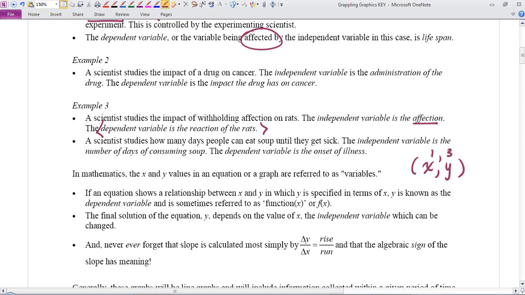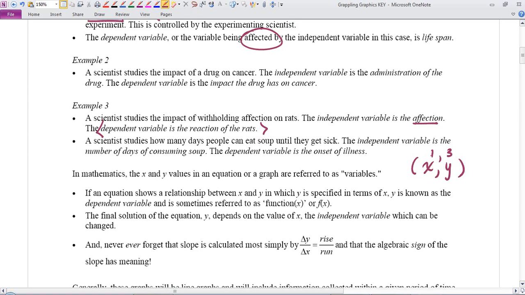All right, so when we graph these, when we talk about it in math class, they often call them variables. Well, that's why we talk about independent variables and dependent variables. So we have this lingo, in line with what you're used to in math class. If an equation shows a relationship between x and y, in which y is specified in terms of x, then y is known as the dependent variable.